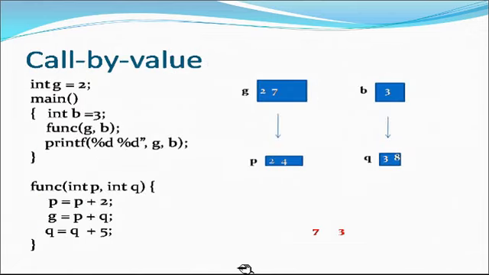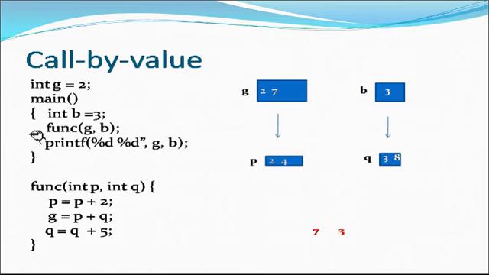So let's look at call by value. Here is a program. Mind you, even though it looks like a C program, I am not writing all the details, so sometimes on some slides it may not follow the exact C syntax. Since all of you are familiar with C, I am making use of that.